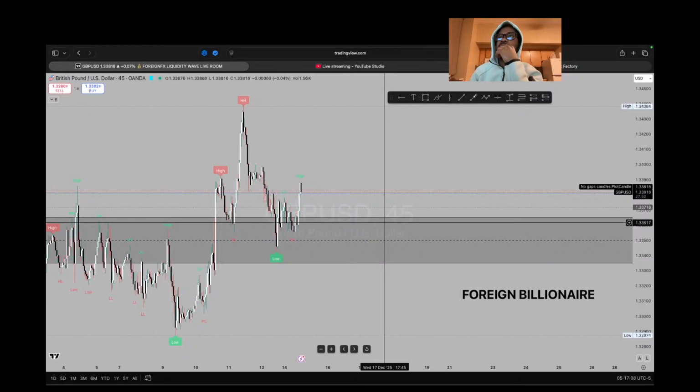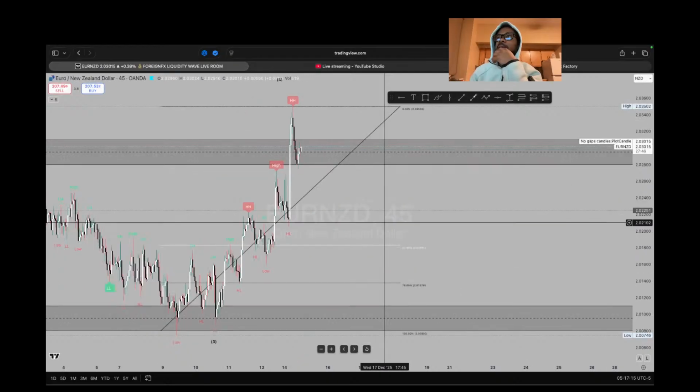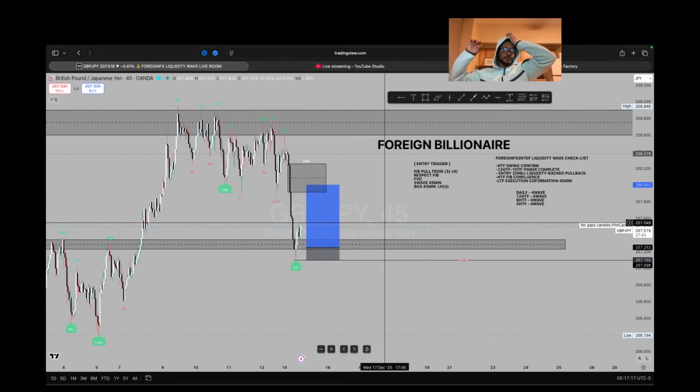I like this entry model on GBP USD, but I know I should stay away because it's not solid.